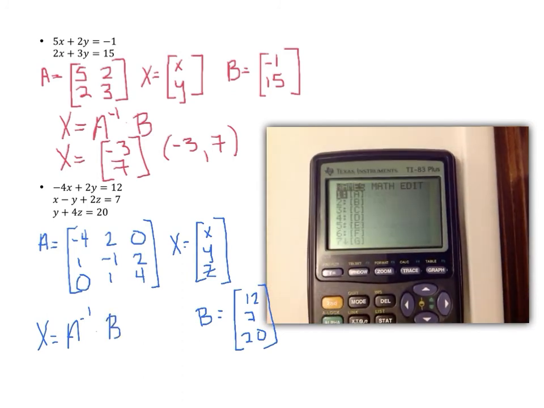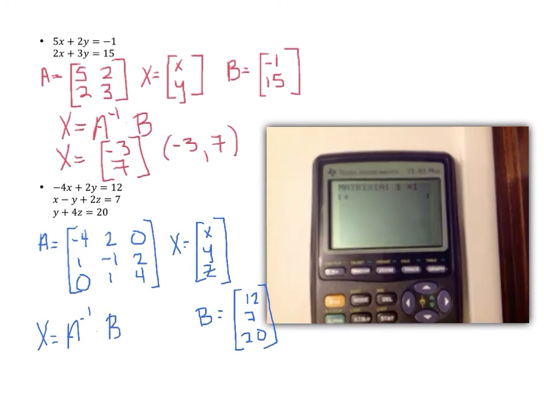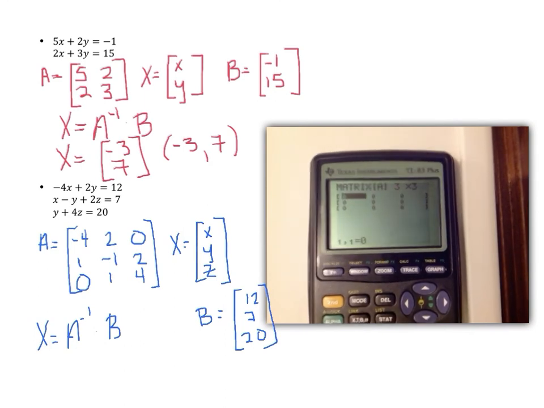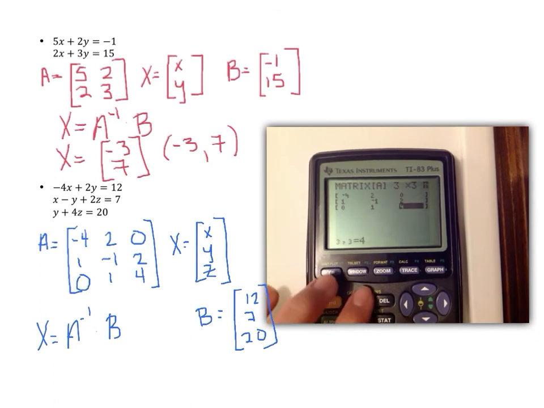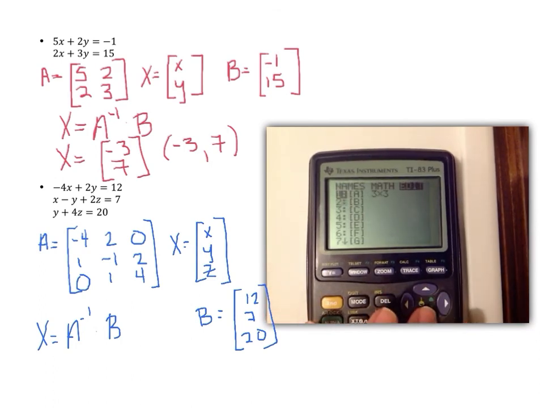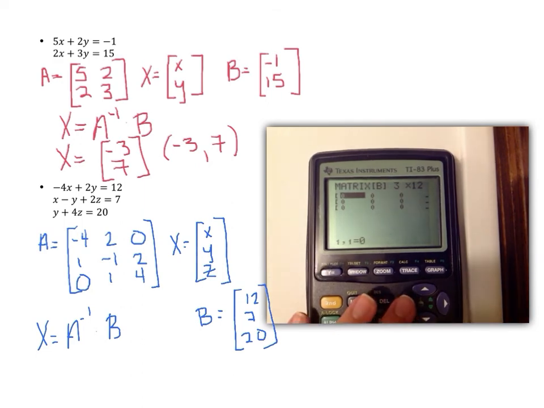So let's get these put into the calculator. A is a 3 by 3, and matrix B is a 3 by 1. Not a 3 by 12, sorry. Let me go back up to that. That's a 3 by 1.